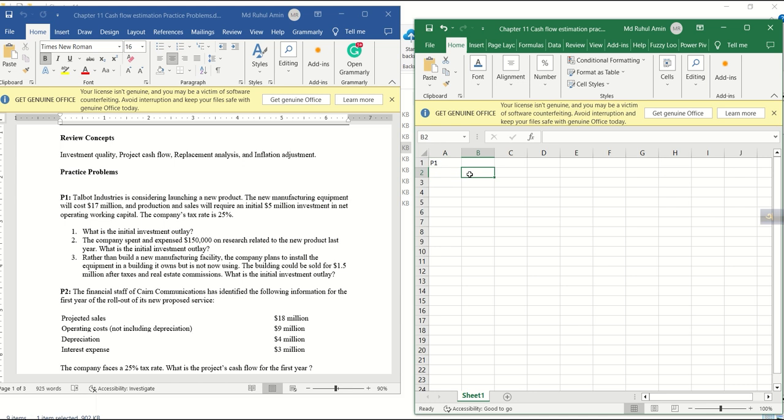Equipment cost is 17 million. And then changes in net working capital is 5 million.